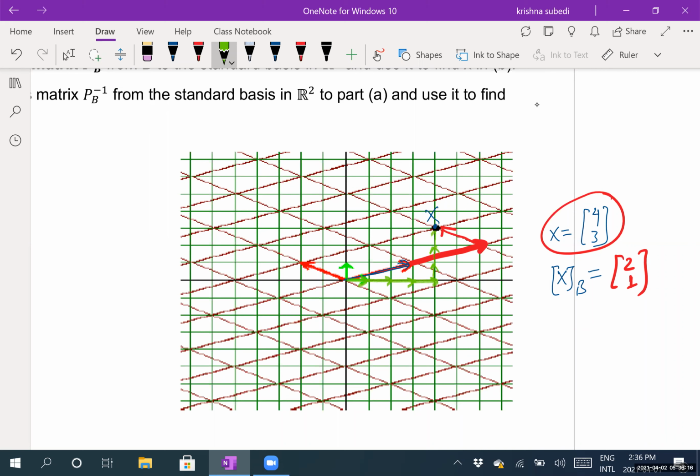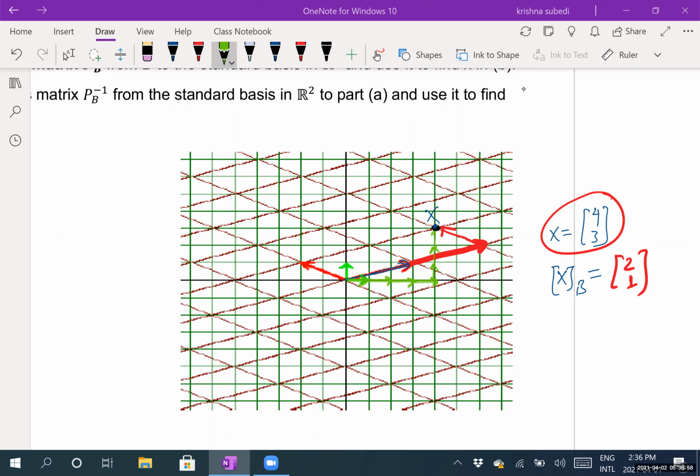So 4 and 3. Now for the B coordinate, I'm using the red color, which is 2 and 1. That's it. Any question? I believe that if you are given the graph like this, then you will be able to figure out the B coordinate of x.